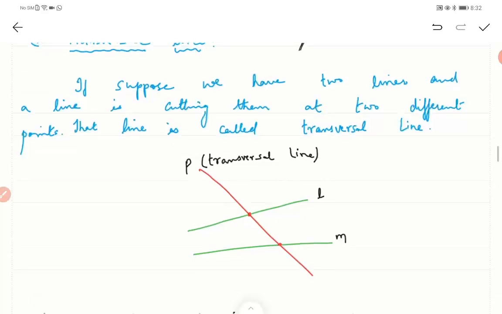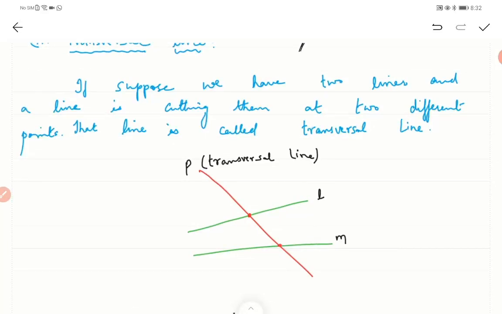If you have any two lines like this, P is a transversal and L and M are the lines, and the transversal is cutting line L at this point and line M at this point. Now it's time for us to study the different angles formed because of this transversal.